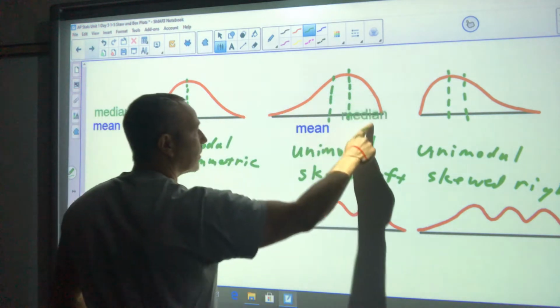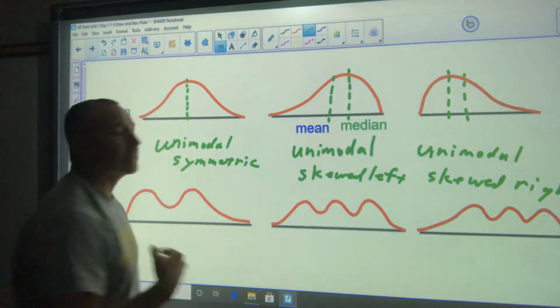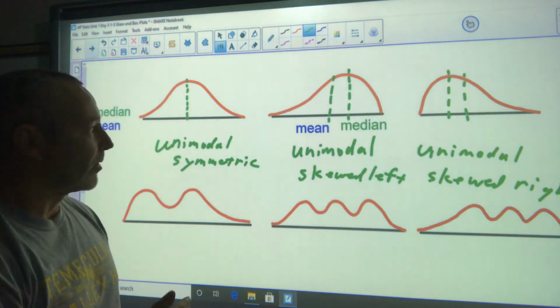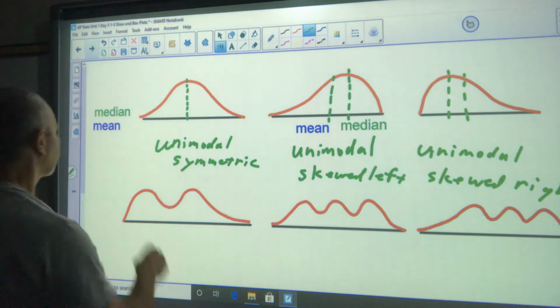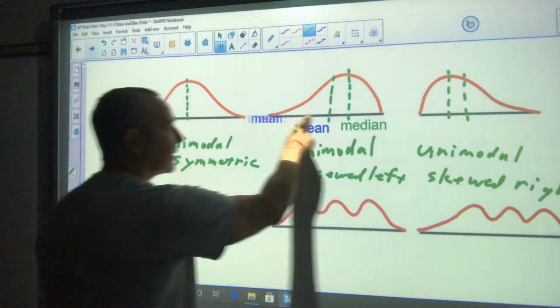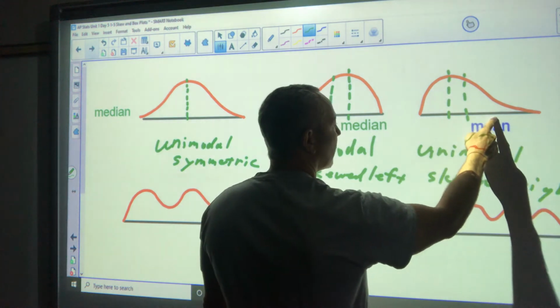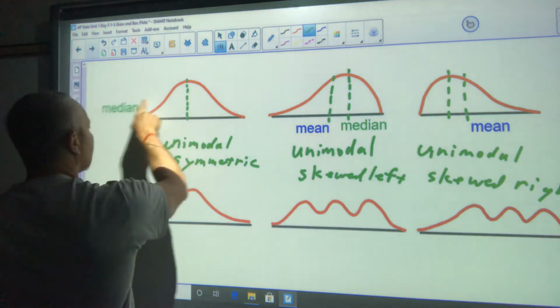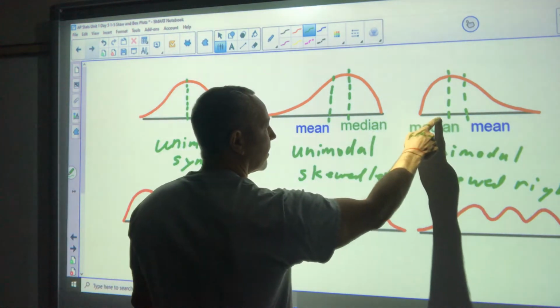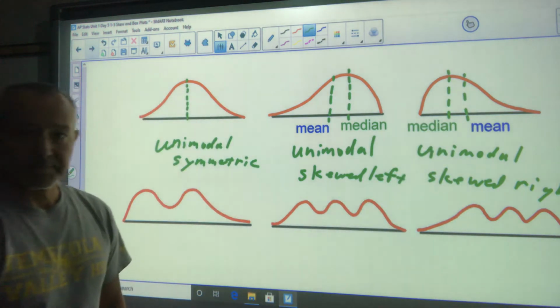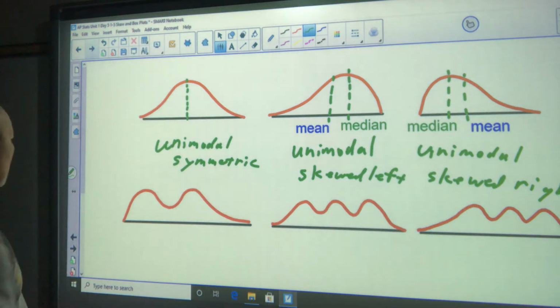And the median would be over here. So the median would be larger than the mean, and the mean would be smaller than the median there. All right? On this next one, it's skewed to the right. So the mean would be pulled to the skew, and the median would be smaller than the mean in that case. All right?